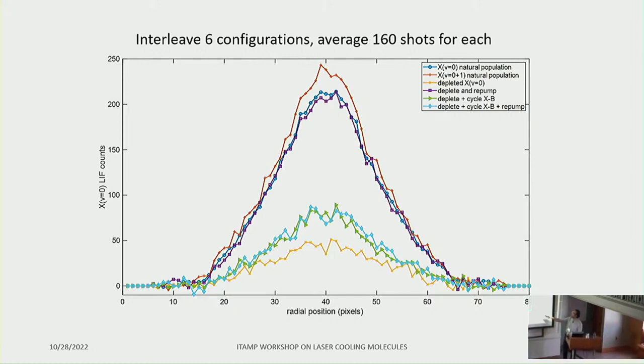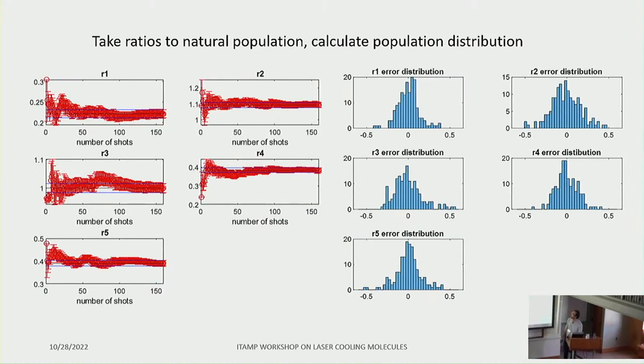We do this over hundreds of cycles until we know that we have converged in our errors. This is what a typical data set at the end of averaging would look like, and this is the data distribution of the individual ratios. For each quantity we measure, we calculate the ratio to our reference, and then we average until we see convergence. Then we confirm that the distribution is normally distributed.